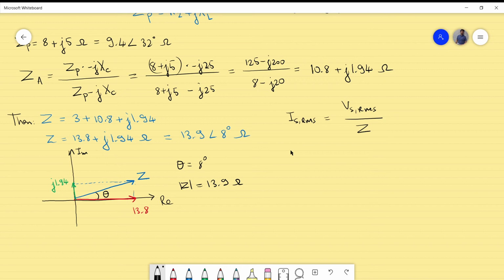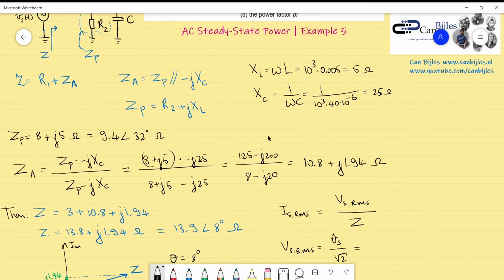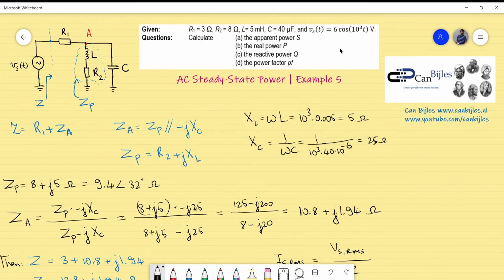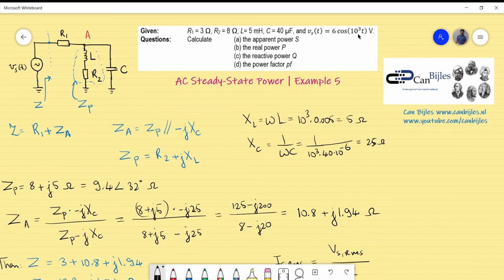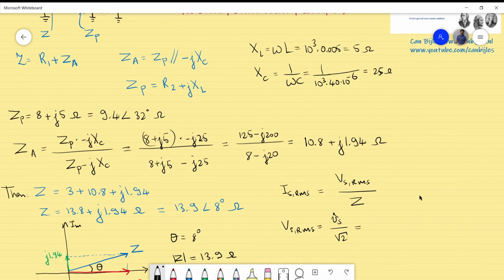But to calculate this current in RMS, I need also the VS RMS, which is equal to Vs, the amplitude of that, divided by the square root of 2. Why? Because this is a pure sinusoidal signal, so I can go through the official formula for calculating RMS value, but you will get the amplitude divided by square root of 2 as a formula.